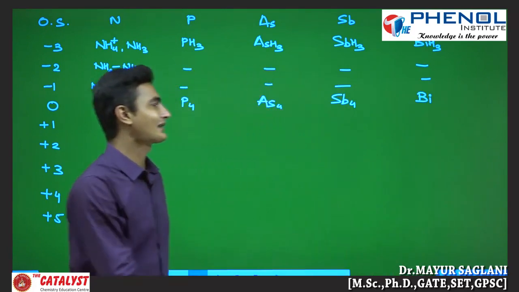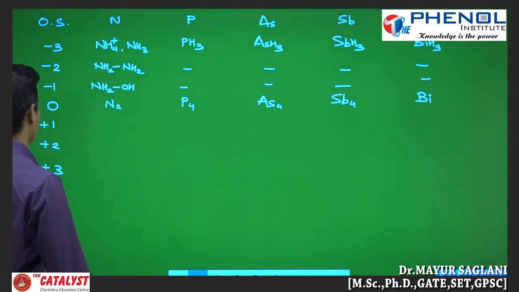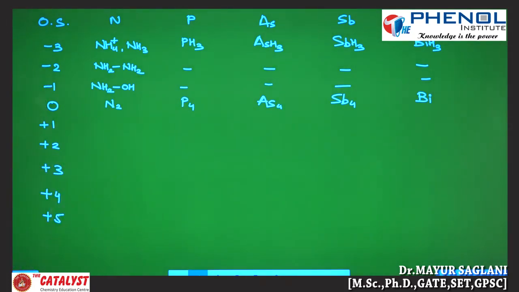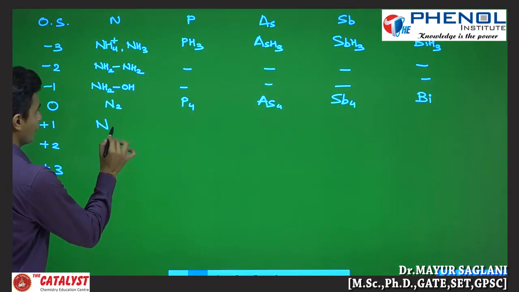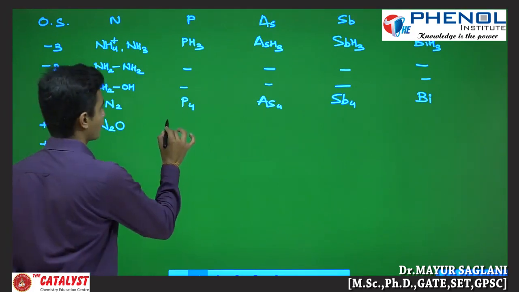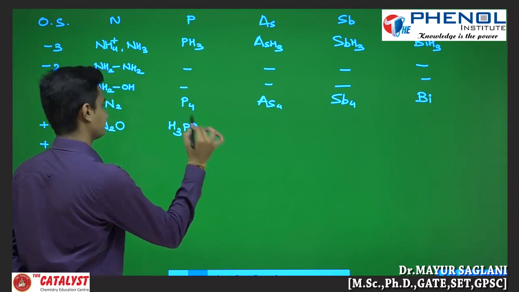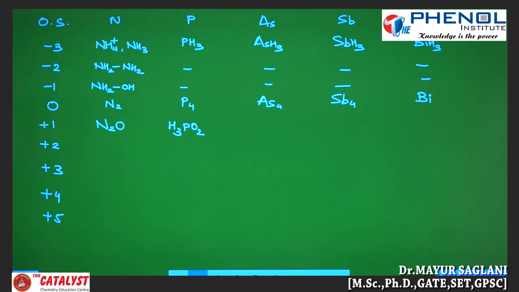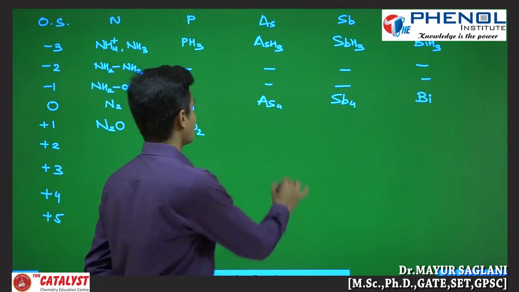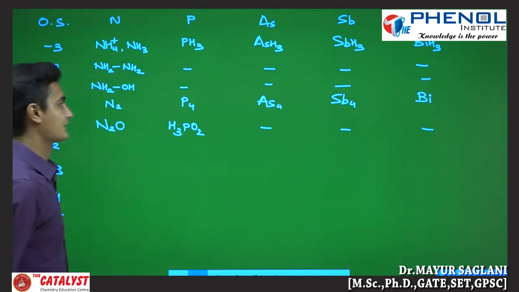We have already discussed why they are in the tetraatomic, that is polyatomic form, and nitrogen is in the diatomic form. Fine. For the +1 oxidation state of nitrogen we can write N2O. For phosphorus we write the oxo acid H3PO2, in which phosphorus is in the +1 oxidation state, and no other element shows +1.